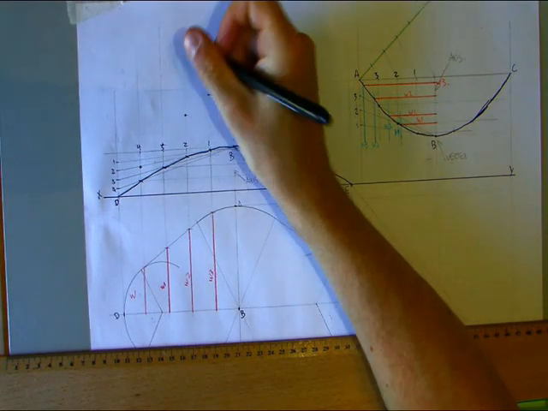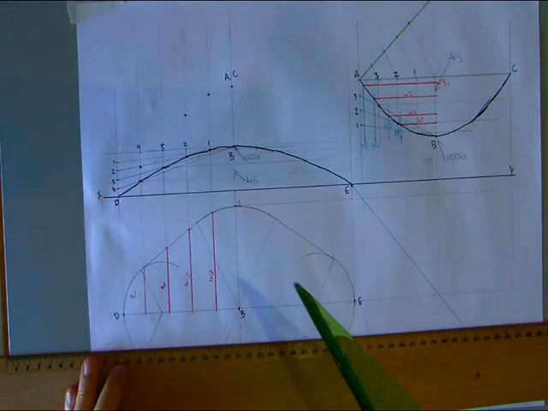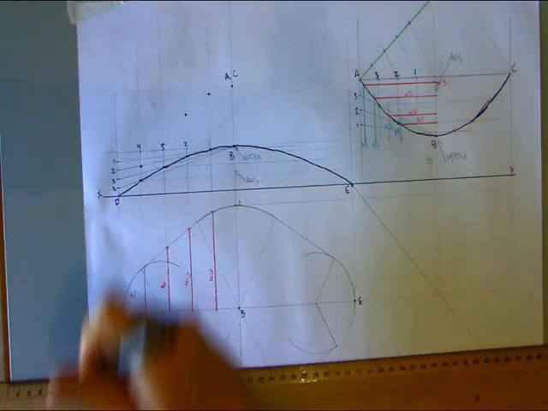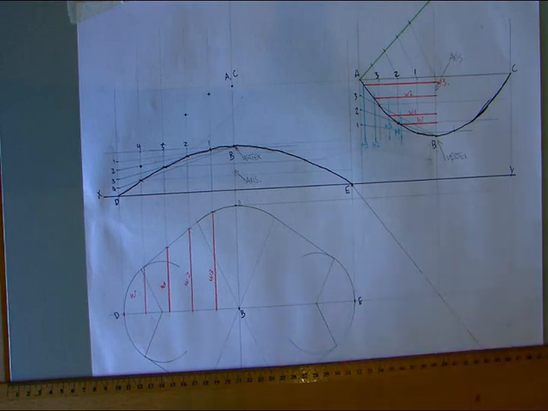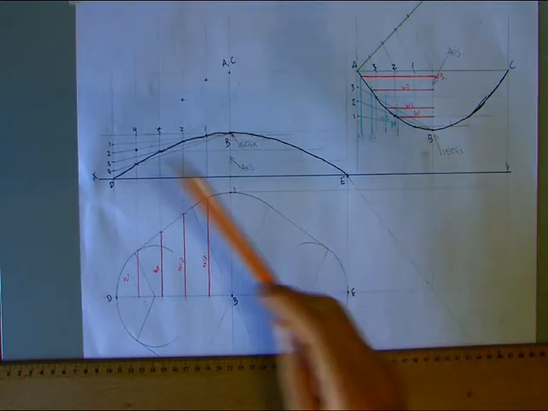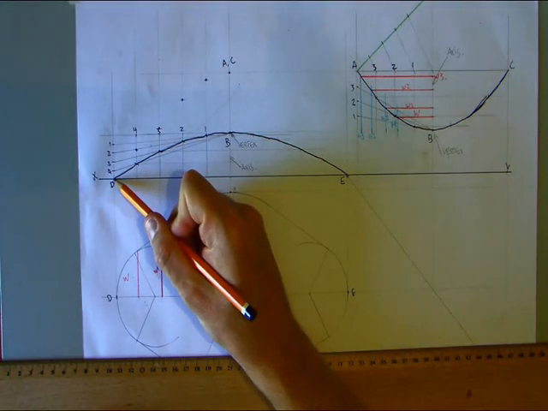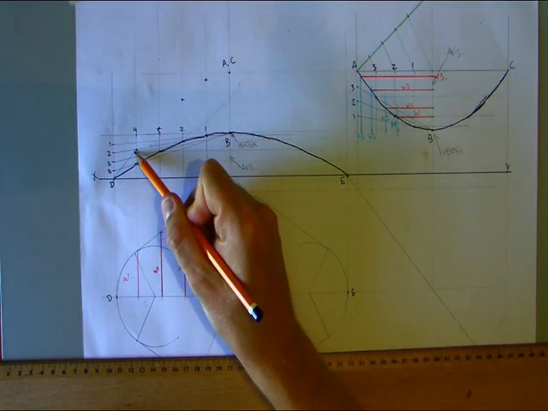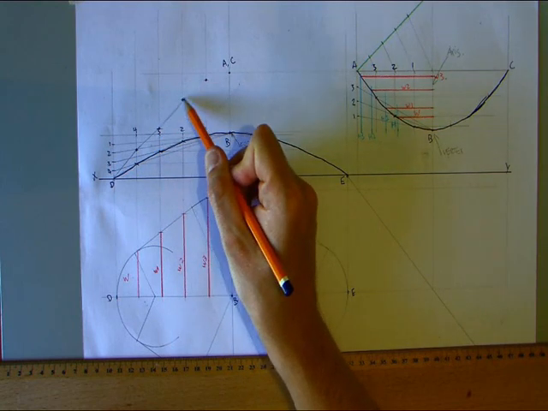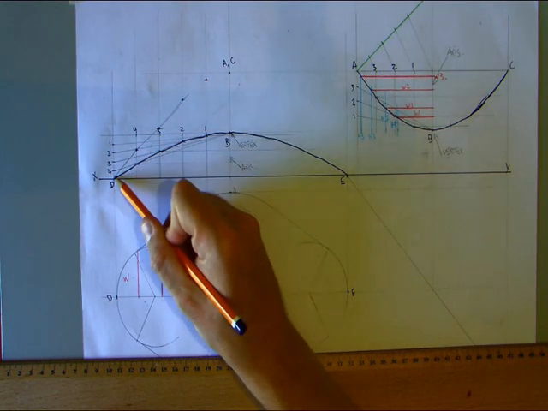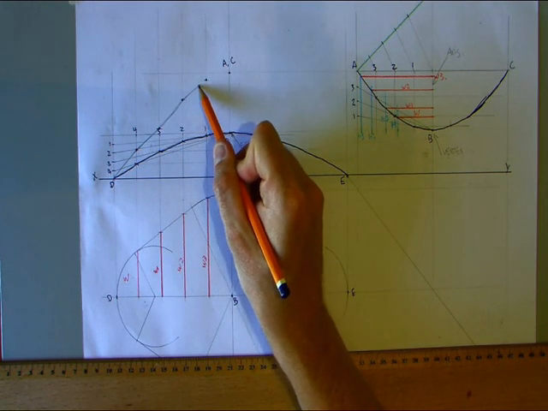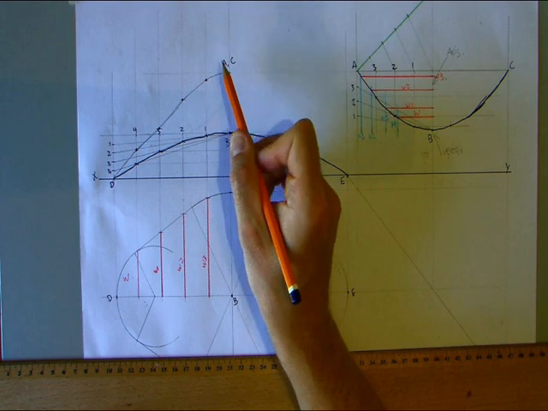Okay, and then we're going to join up our points. Again, we'll do this in pencil just first. Again, it's a symmetrical shape, so I'm only worried about one side, and we can bring it to the other side. So we start off with D, which is 0. Come on to here. Now, that's our shape.